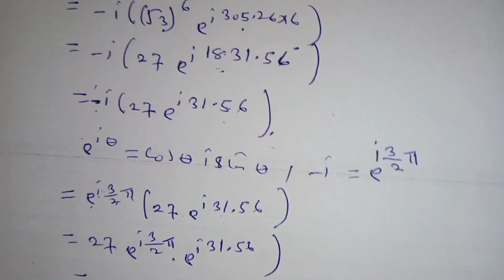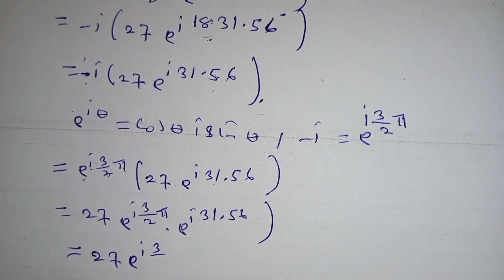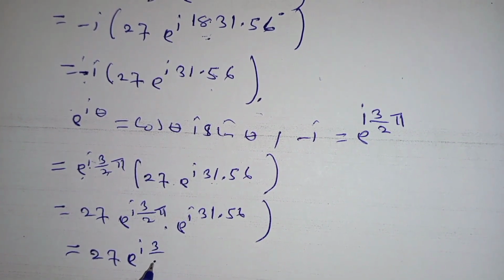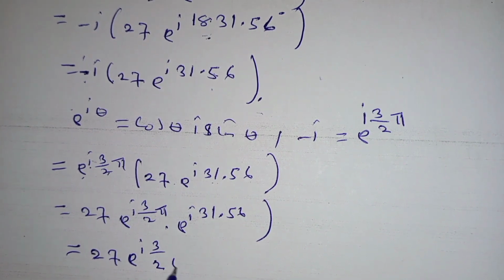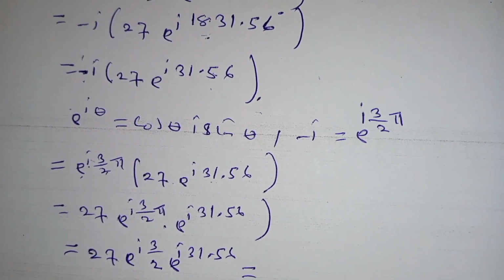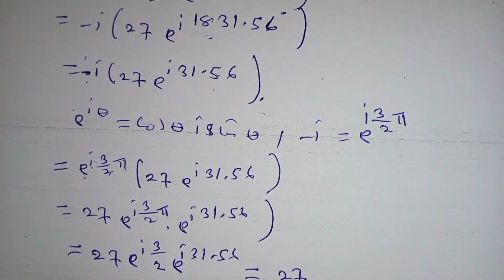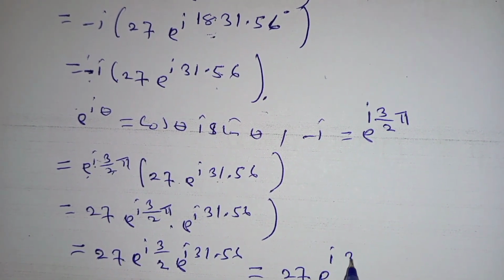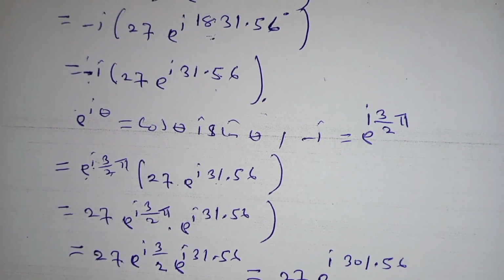which is equal to this, multiplied by e to the power i 1.56 degrees. This can be written as 27 e to the power i 101.56 degrees.